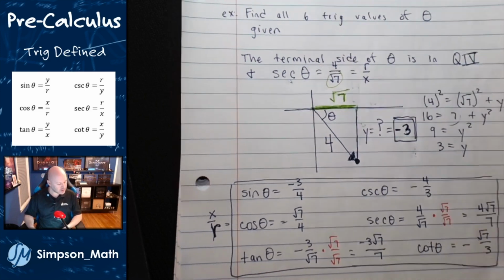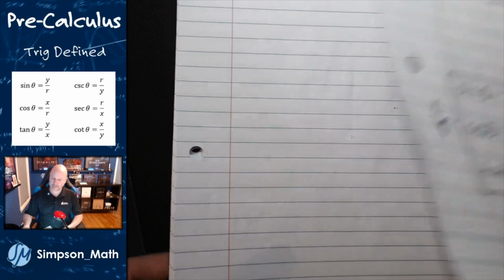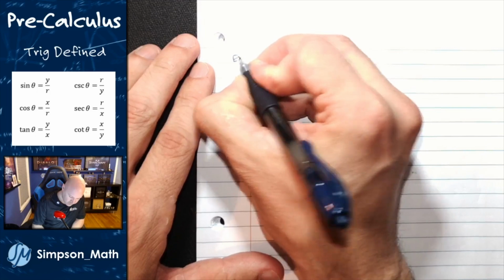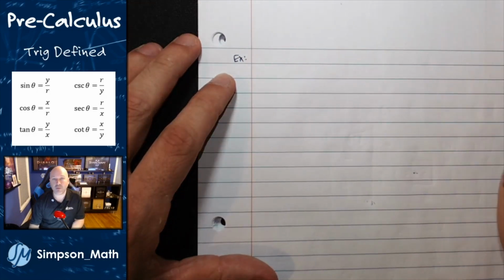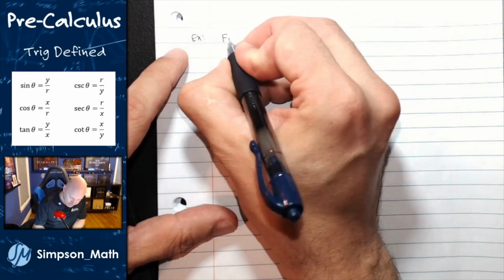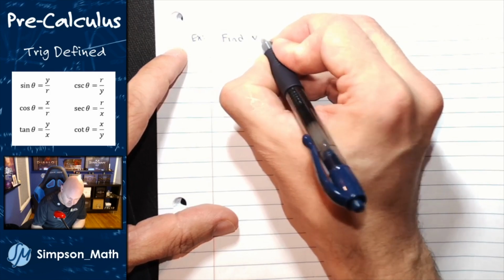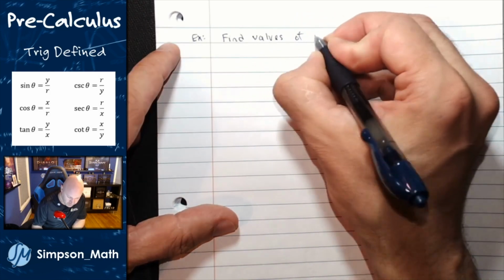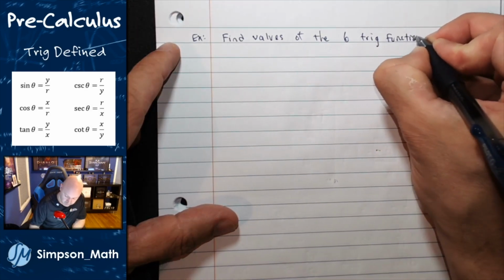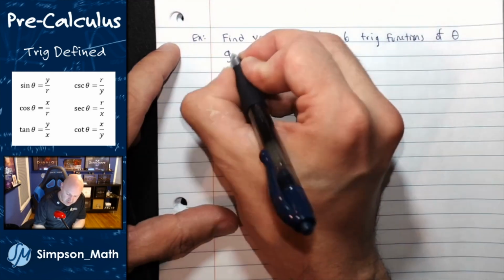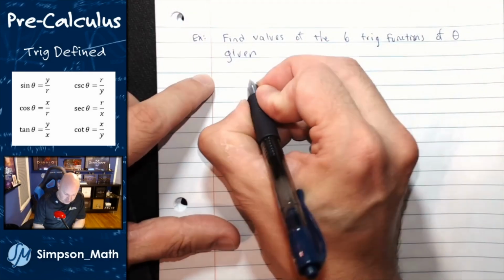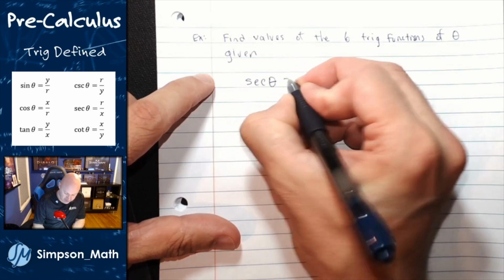Let's do another example. Same problem. I'm going to find the 6 trig values of theta. This time we are given, let me be as cryptic as possible, let's do another secant where I give it to you.